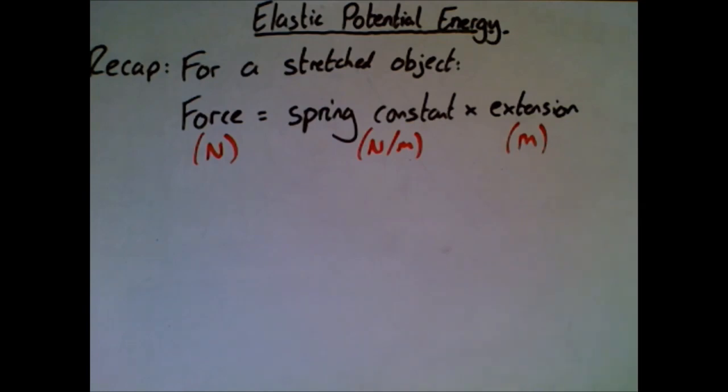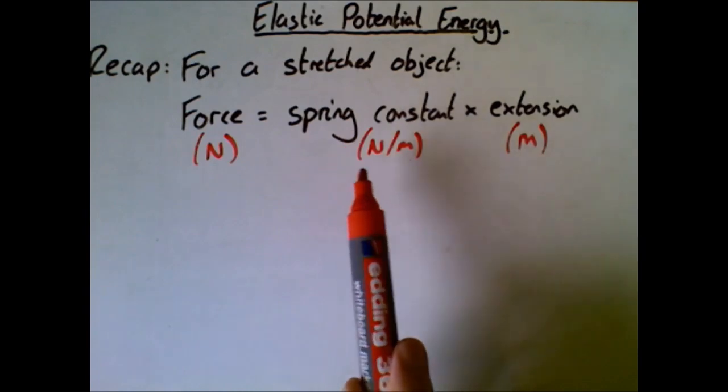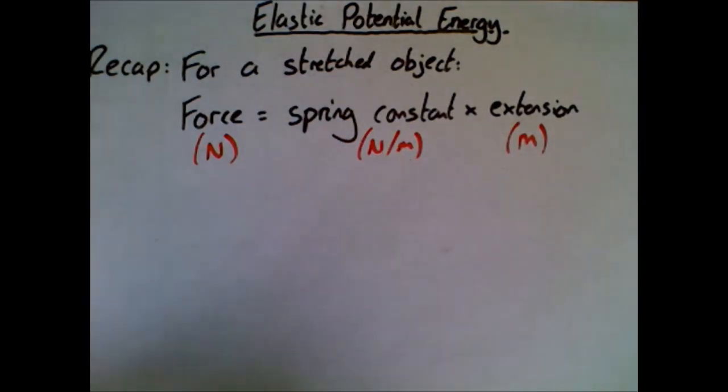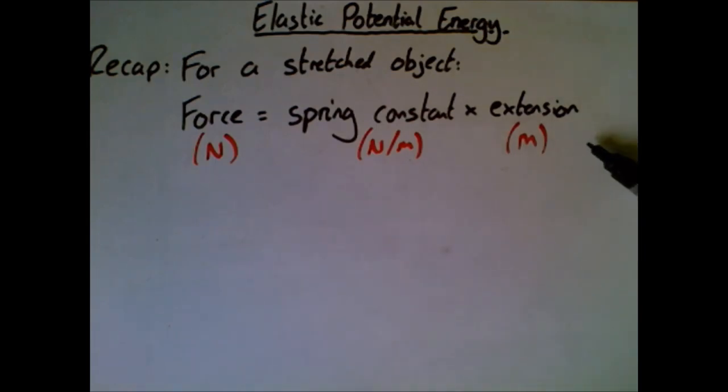So a spring that has a spring constant of 2 newtons per meter, that means it takes 2 newtons to stretch it 1 meter. Now, we're going to need this idea of spring constant later, which is why I wanted to recap that formula. And as I say, the more times you see it, the more familiar you'll get with it. Remember, this is one of the equations that you need to learn for your exams.